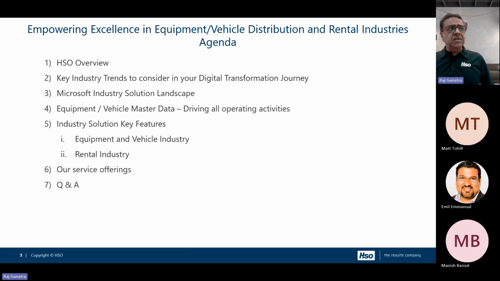I will touch also on some of the key areas where most business operators overlook the foundational elements of master data and how it drives all the operating activities. We will then touch on some of the industry solution key features around the equipment and vehicle industry, as well as the rental industry. And then I'll wrap up with an overview of our service offerings and how we can assist you moving forward.